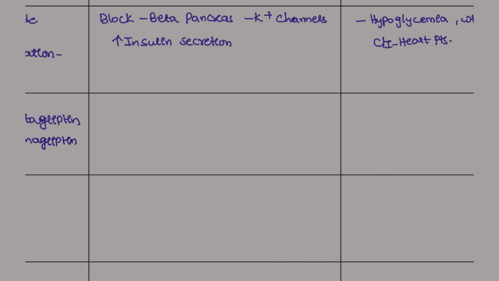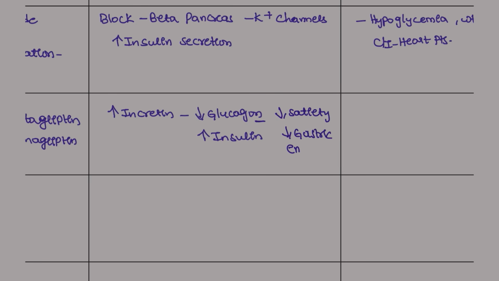The main mechanism is to increase the incretin. What will this incretin do? It has two effects: it decreases the glucagon and increases the insulin. If the glucagon is decreased, satiety will also increase, and gastric emptying will be decreased in our body.